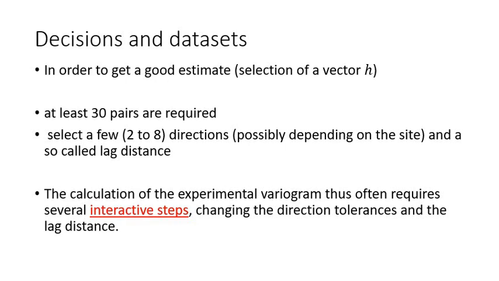Number two, for you to make good estimates or come up with a reasonable variogram, you need to consider at least 30 pairs of different locations or more for you to have sufficient data. Number three, you need to select 2 to 8 directions, otherwise your model will become too complex.